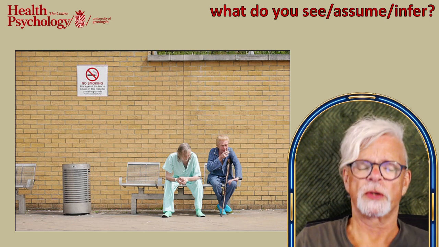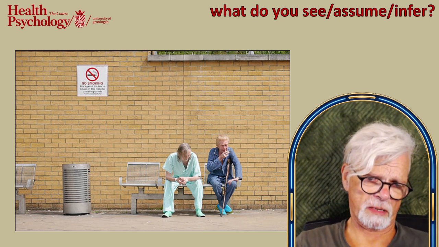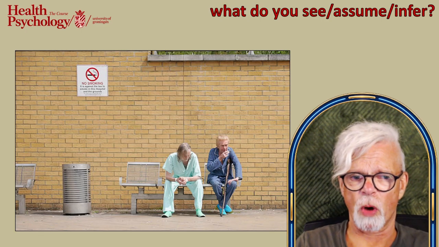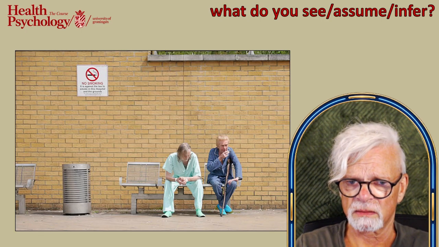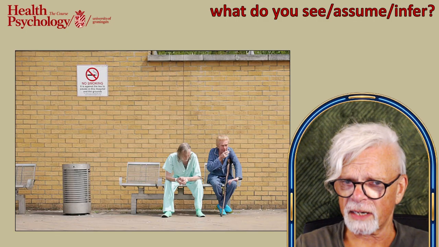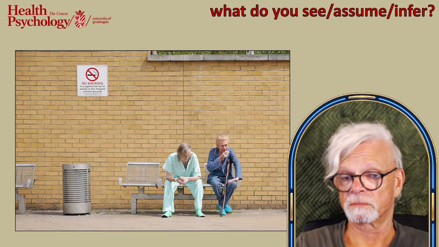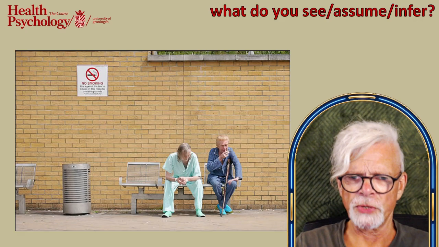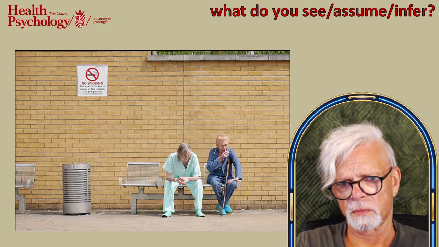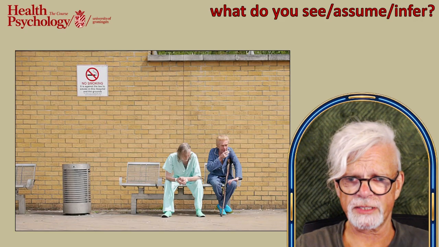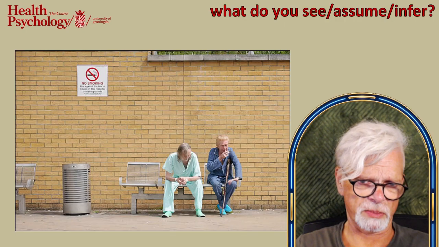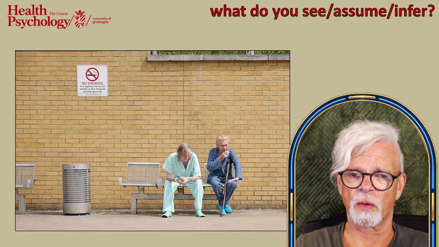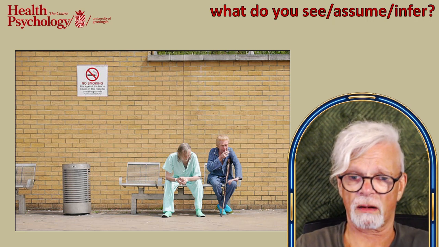We assume that they know that smoking is bad. We assume that they know that there is a no smoking sign. And so we might infer that, given this, they must have a need to smoke. Otherwise you have to have good reasons to inhale the tobacco. Certainly also in a place, and certainly also in a moment in life that you are ill.